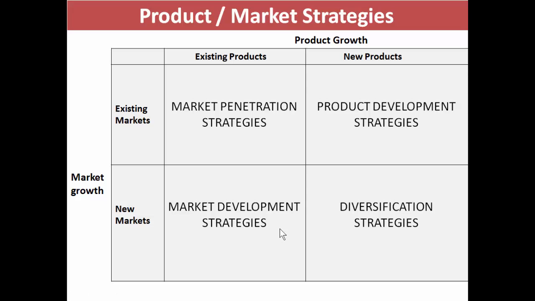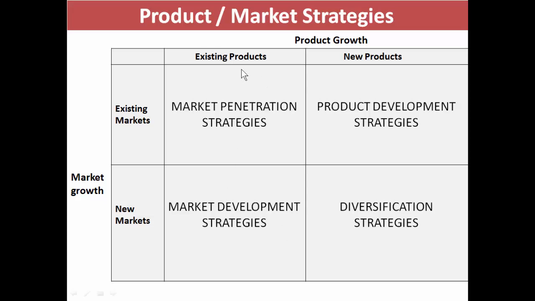And now here's another look at your strategic choices. This particular matrix is called the product market strategy matrix, and it prompts you to think about your strategic choices in terms of your products and your markets.